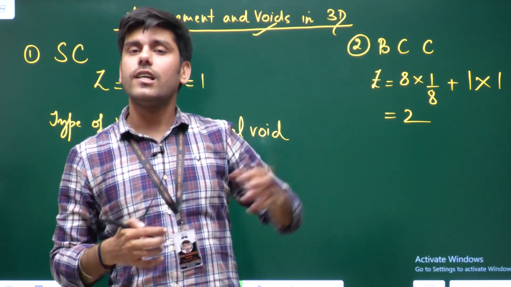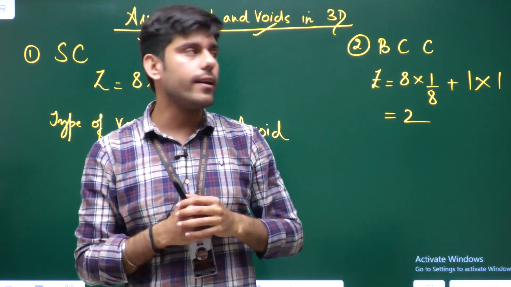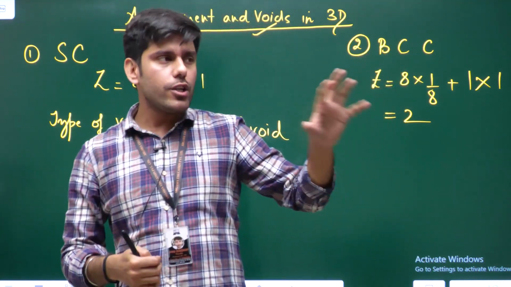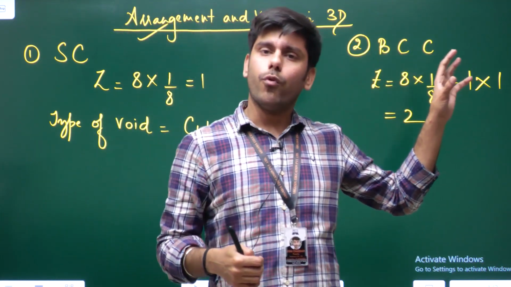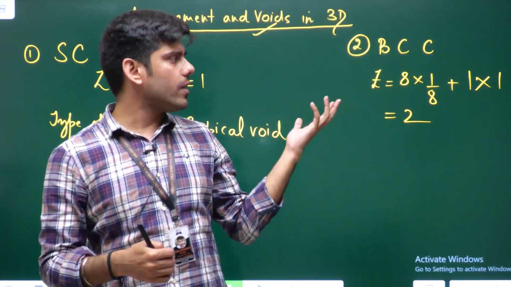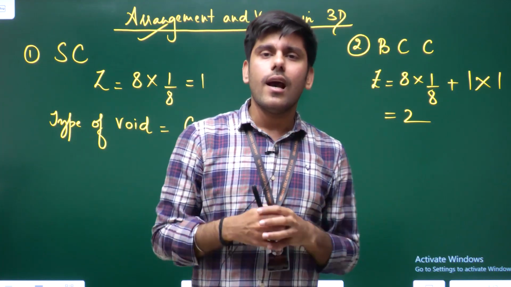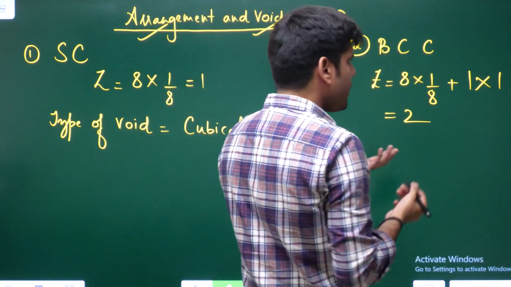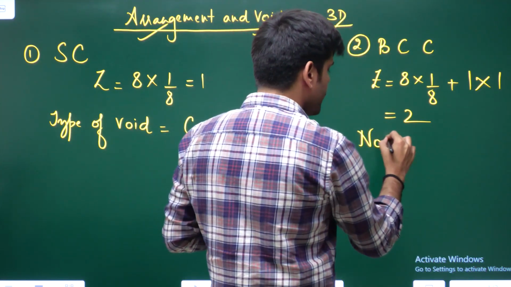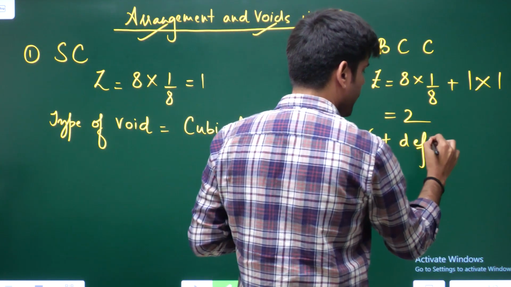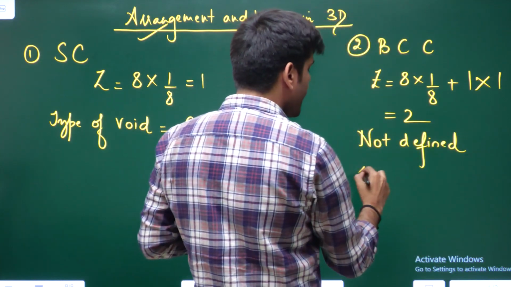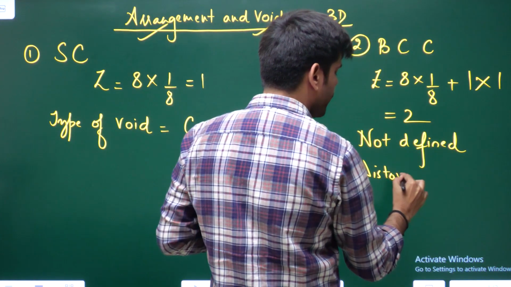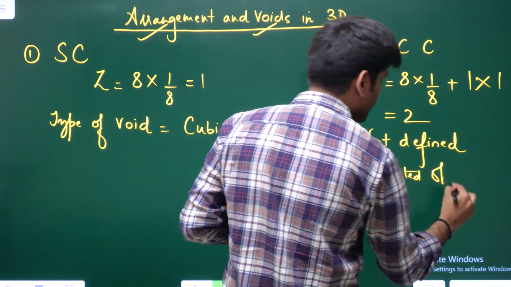In fact, they are touching each other along the body diagonal. So we do not actually talk about void in BCC. It is not defined; it is basically a distorted octahedral kind of void.